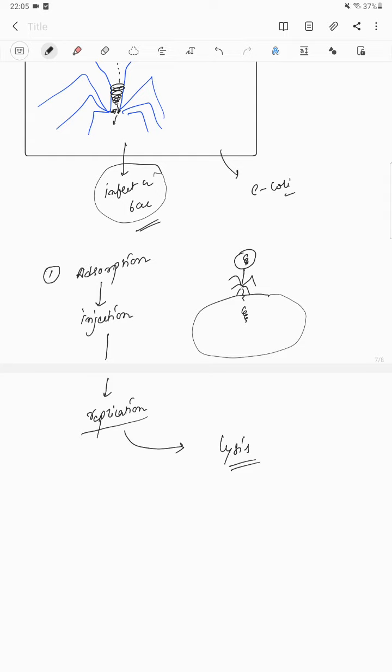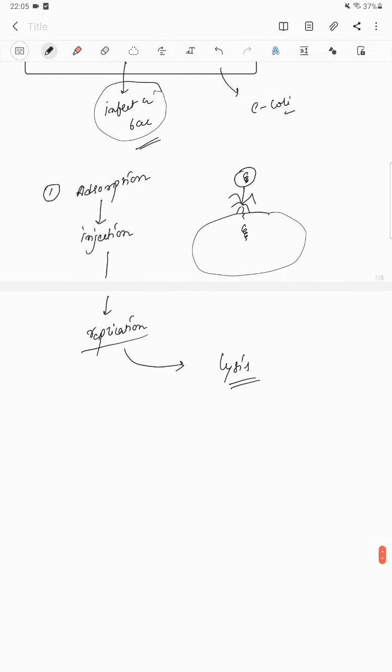Similarly, Hershey and Chase took T2 phage, that is bacteriophage T2 phage. They experimented with the T2 phage in E. coli, and they placed the E. coli in a medium containing radioactive sulfur, that is sulfur 35, and phosphorus 32.